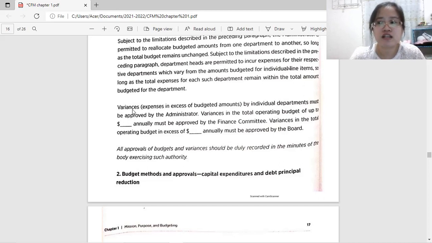And then normally included in the bylaws as well is what kind of decisions are delegated to the board. What kind of decisions can they make on behalf of the members of the organization. And then there would also be statements on which types of decisions would require the approval of the congregation.